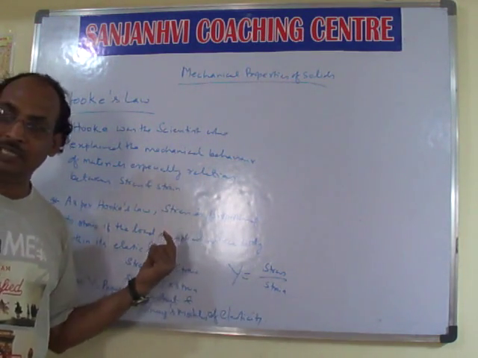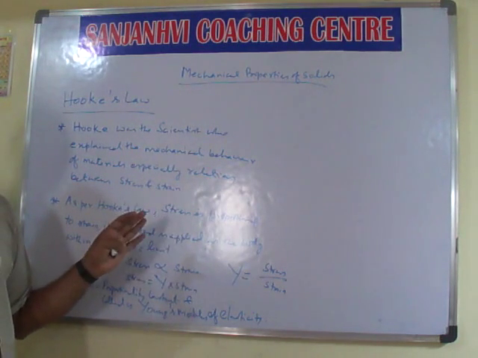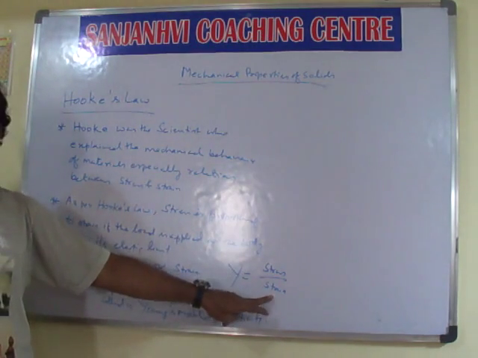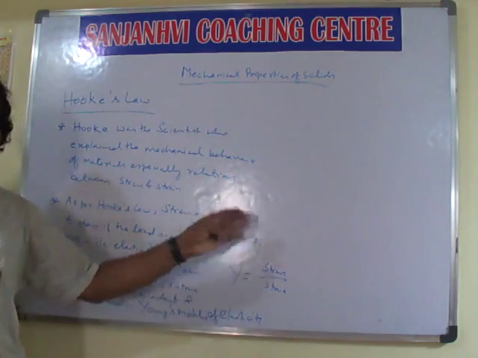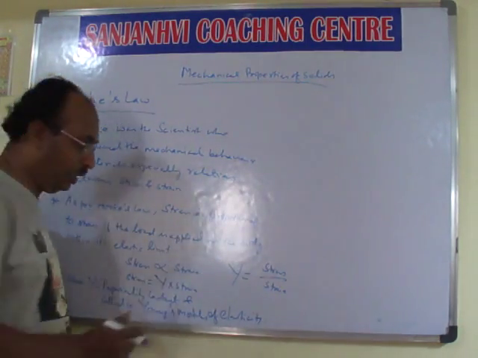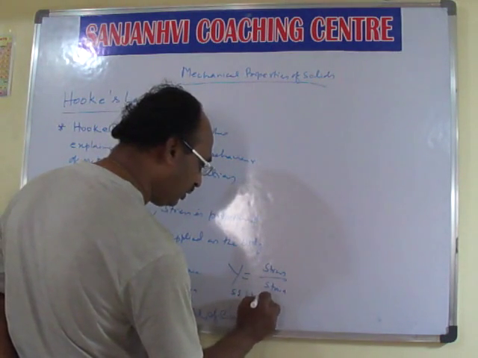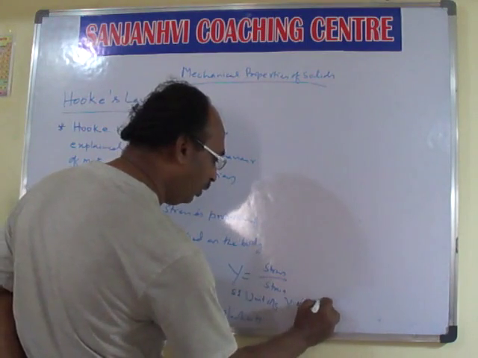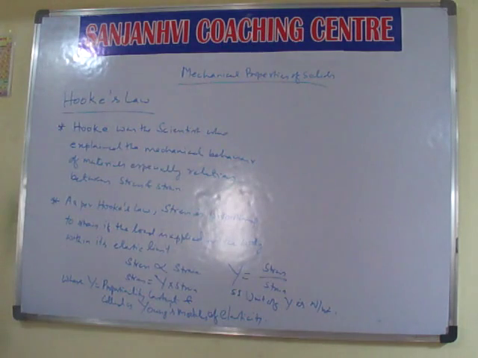As I told you, it is the ratio of a single property, length only, so it is not having any unit. But stress is having a unit. So Young's modulus unit also will be the stress unit only. So the SI unit of Young's modulus is Newton per meter square only. Correct?